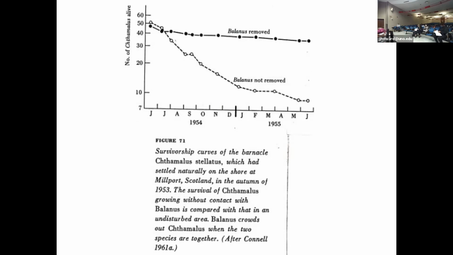So we know then a number of things about competition in nature. We know that one species can drive another extinct. We know that two species can coexist. We know that competition can be inherently very, very unequal, even among very similar species.